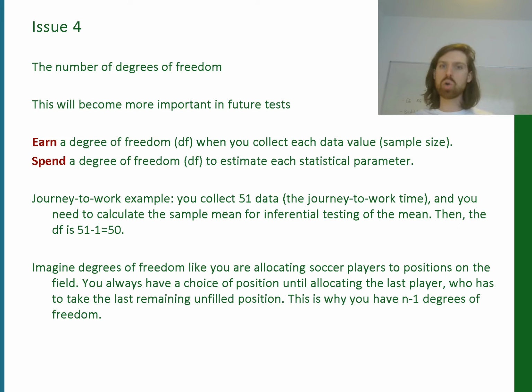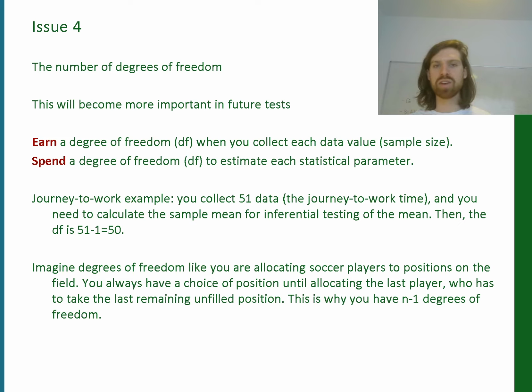And because the goalkeeper is unable to be allocated to any other position on the field because you've already filled them up, the goalkeeper, as a consequence, doesn't have any degrees of freedom. It has to go into the goalkeeper position because you've only got a certain number of players on the field. Okay, so there's 11 players on the field.